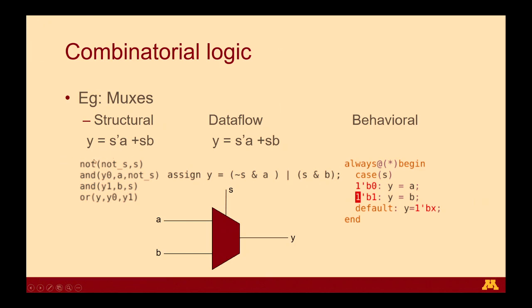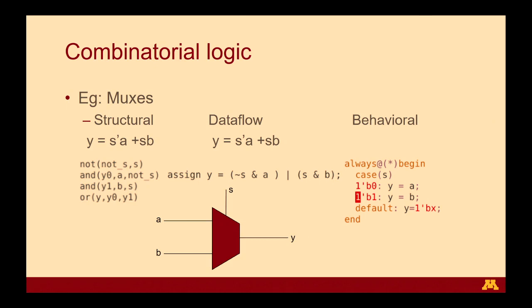In a structural design, you would design this as an actual sequence of gates chained together. For example, you get the inverted S by this gate, then you have two AND gates to combine these two results, and then finally an OR gate to give the final output. This is how you design structurally.